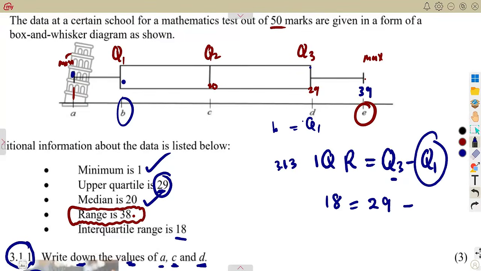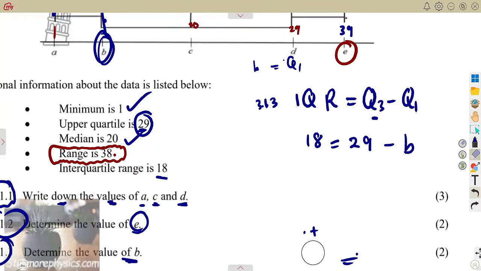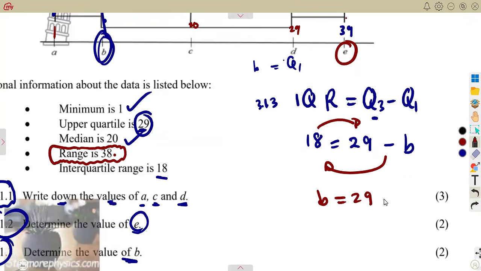And Q1 we are not given; we are just given Q1 as B. So we can calculate the value of B from this equation. B to this side is going to be positive, which is equal to 29, and 18 to this side is going to be negative. So B is simply 29 minus 18, which is 11. So at B we've got 11, which is our Q1.